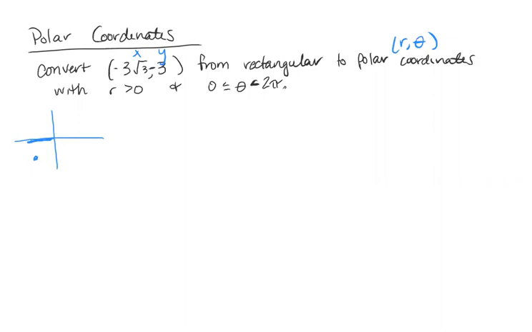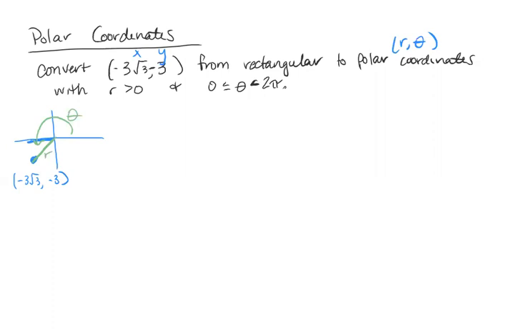We don't need to be super precise there. So this is that xy ordered pair, -3 root 3, -3. What I'm trying to do is to find this length r and this angle theta, and that's going to give me the polar ordered pair.